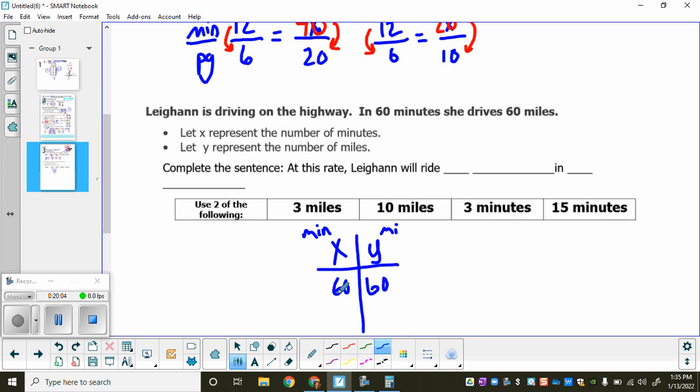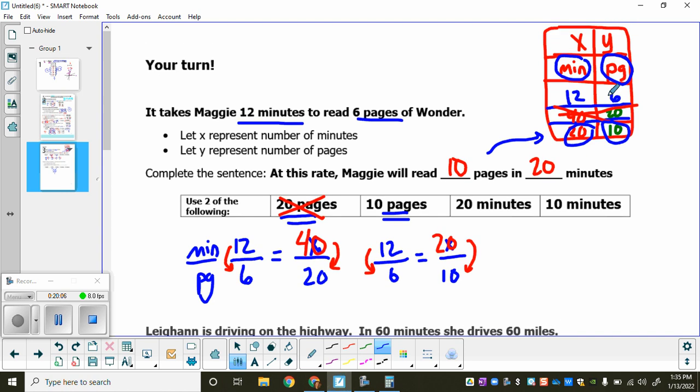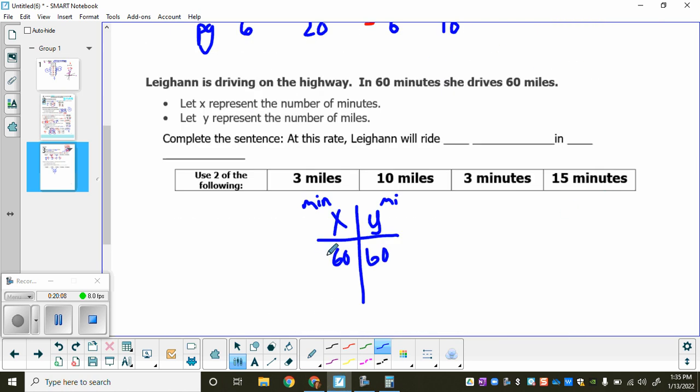This time, it's only just times 1. Up here, we cut it in half. This time, it looks like it's just times by itself. So when we look at the options here, we could plug in 3 miles, which means we'd be expecting 3 minutes. If we plugged in a 10, we're expecting a 10. If we plug in a 15 for minutes over here, we'd be expecting 15 miles.